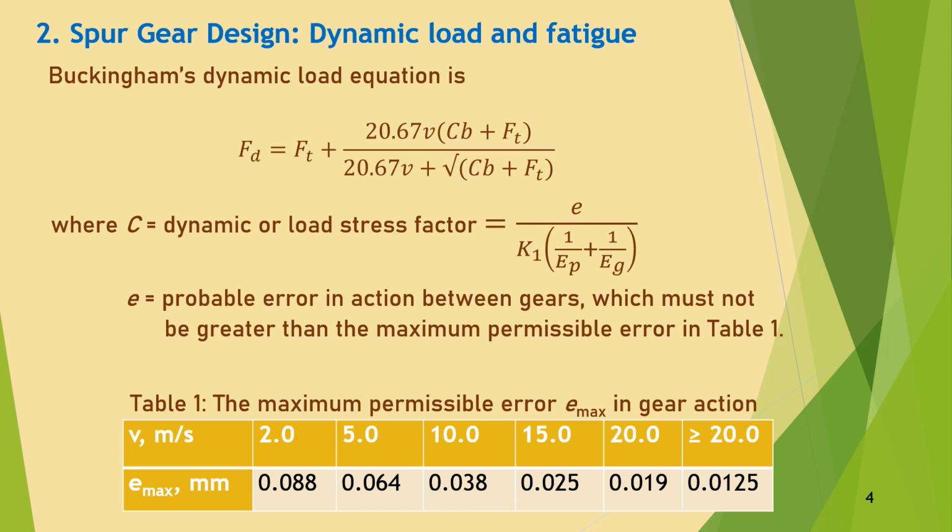Ep and Eg are Young's modulus of elasticity for pinion and gear materials. We know that as the velocity increases, the dynamic load increases. So to keep the dynamic load in control, with the increase in velocity, lower permissible error must be there, and this is exactly being reflected in table 1.